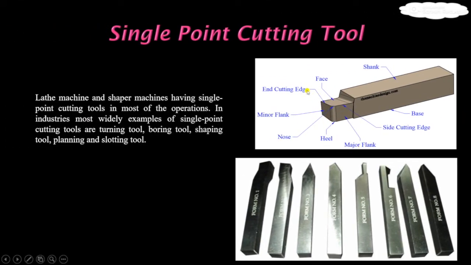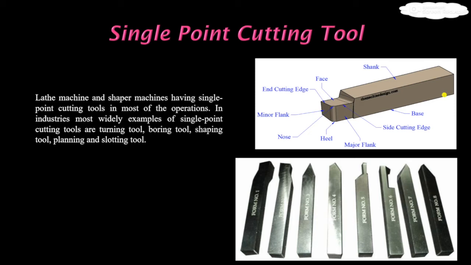It is a very common cutting tool used in the lathe machine. And these are the components. These two are the cutting edges, these edges and these edges, and this is the face. This is the geometry of the cutting tool shown, and this particular geometry is suitable for turning and facing operations.